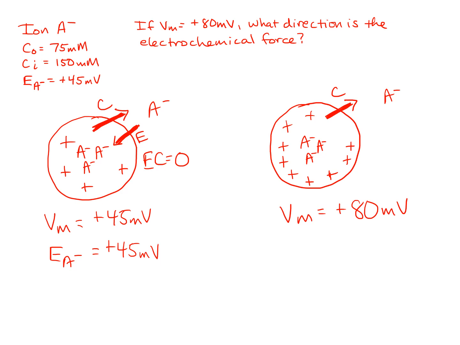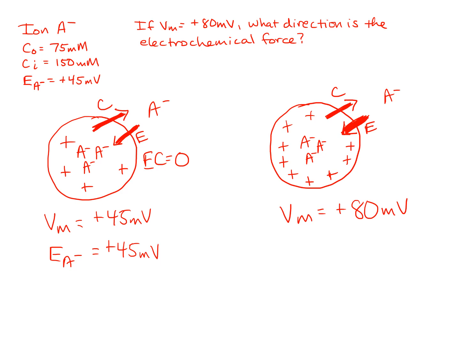But we know our electrical driving force has changed because we've changed the membrane potential. There are more positive charges now at plus 80 millivolts than there were at plus 45 millivolts. So with more plus charges inside the cell, we still want to go into the cell with our electrical driving force, but we want to go into the cell even more than we did at plus 45 millivolts, just because there are even more positive charges.